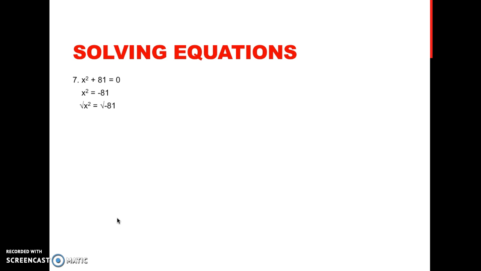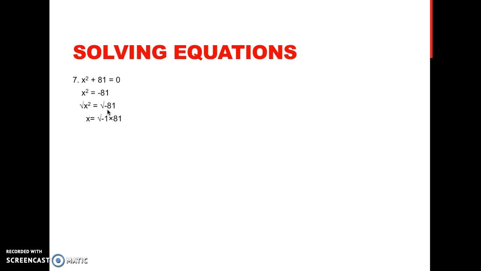Now, to solve for x, we need to take the square root of both of those. So we take the square root of x squared, and we take the square root of -81. We know that the square root of x squared is x, and we have to break down the square root of -81 because it's a negative.